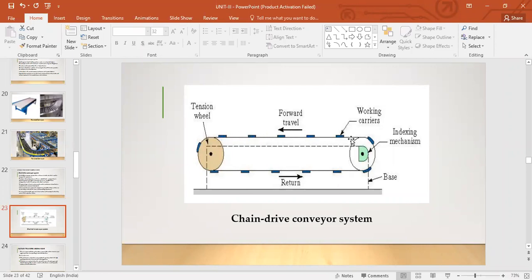So forward travel: as this rotates like this, the work carriers are moved forward. And this is for return. Once it returns, this is where the parts have been taken off, so this can now go under it, right?